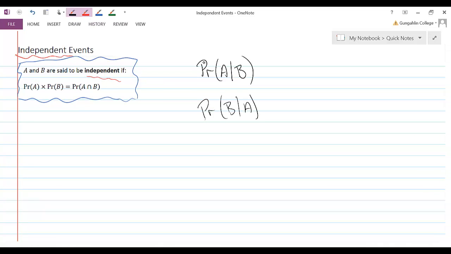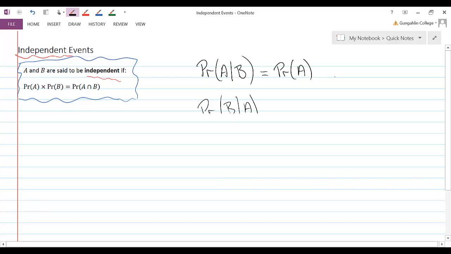The way I would represent that mathematically is, well, the probability of A given that B has just happened, if B doesn't have any effect on A at all, the probability of A given B must be the same as the probability of just A. That makes sense? Whether B has happened or not, A still has the same probability.